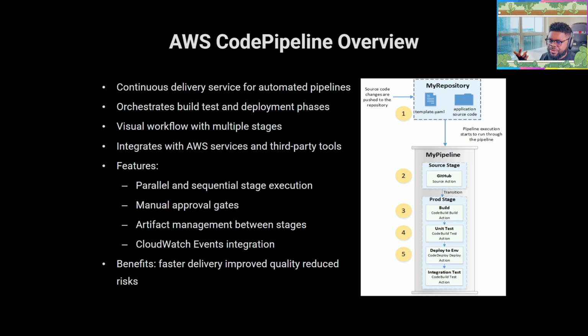Maybe someone needs to approve it, right? And you can also share artifacts from one stage to the other. If something is used in a stage before the next stage, you can share those artifacts between them. CloudWatch Events integration, like I mentioned: if a step should fail, who should be notified? What should happen? All that can be built in. The benefit is obviously there: faster delivery, improved quality, and reduced risk, right?